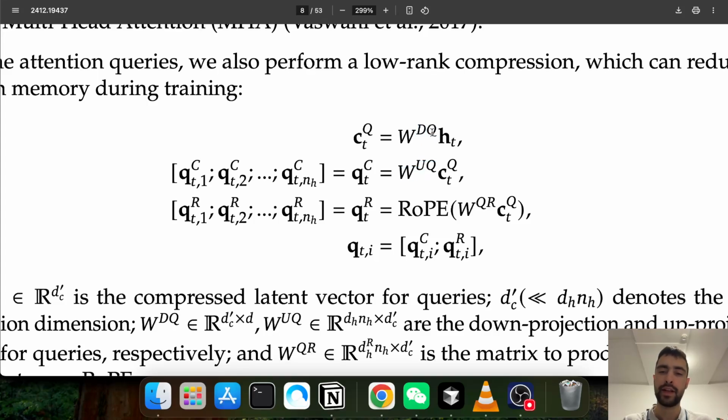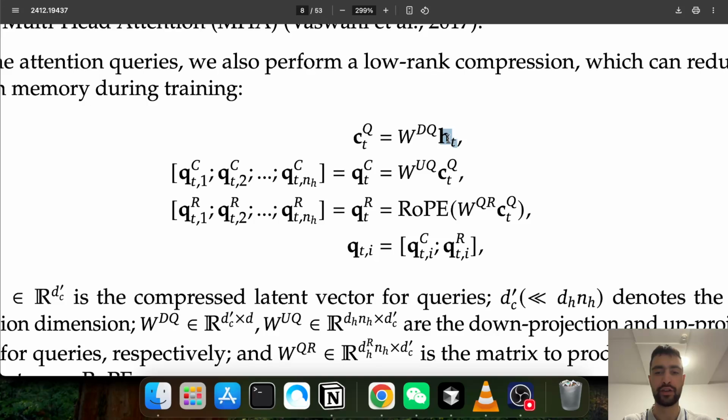As you remember, this matrix, down query matrix, will take the entire token embedding and convert it to a latent space vector, a latent vector for the query that holds information on how to create the query. So we are just defining this matrix here. It's going to have this as input dimension and this as output dimension.